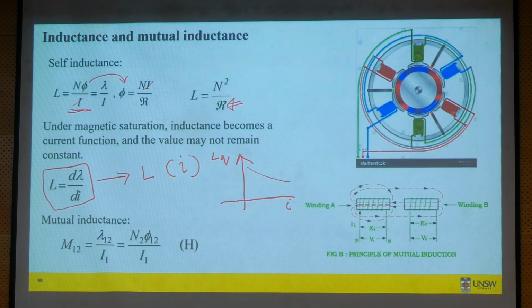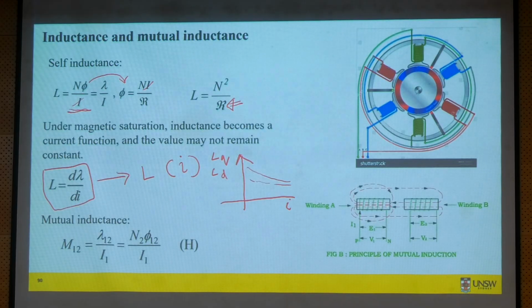Lq becomes a function of current. Lq is no longer constant. Especially in aggressively designed IPM machines with high reluctance torque, this is very common. Lq varies with current. Okay, Ld is usually kind of constant. Sometimes it varies, but much less compared to Lq.